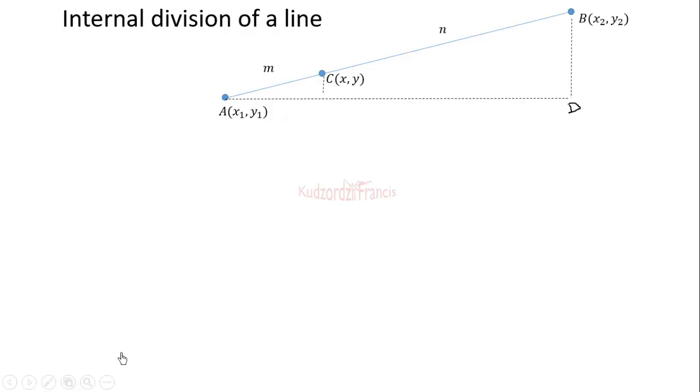Let me put E here too and see. So we can use similar triangles for triangle ACE and triangle ABD to calculate the coordinate of point C.